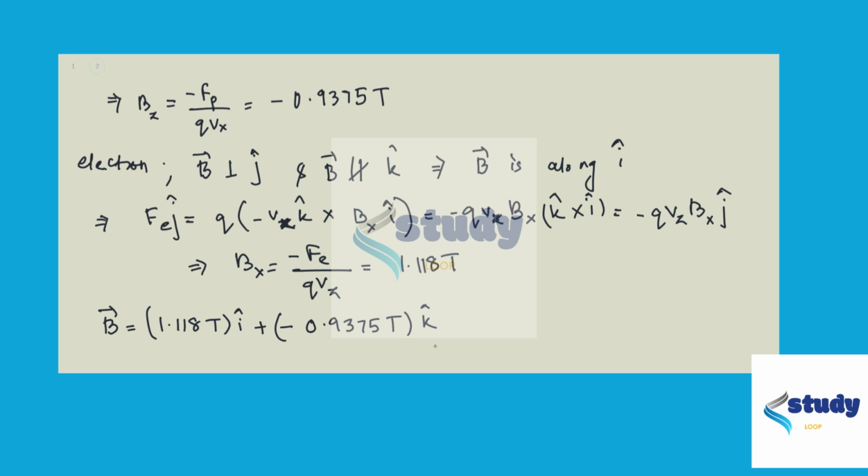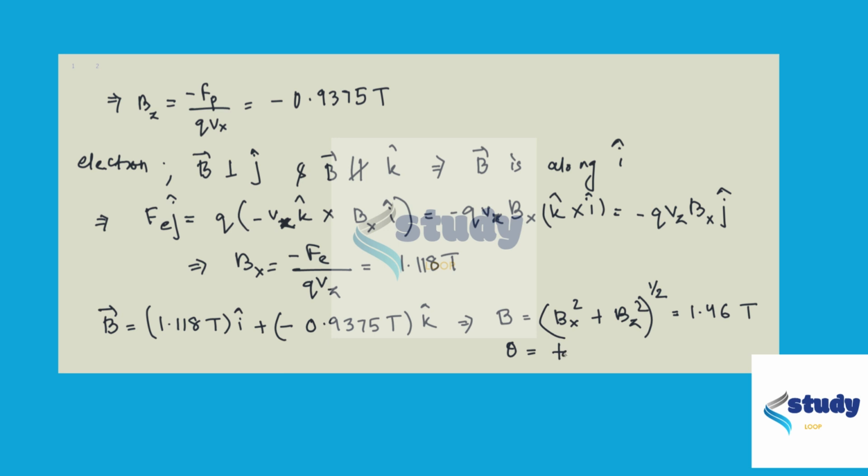Now from here we can find the magnitude of B, which is going to be the square root of Bx squared plus Bz squared by Pythagoras theorem, and this is equal to 1.46 Tesla. Similarly, we can find the angle of B with respect to the positive x-axis.